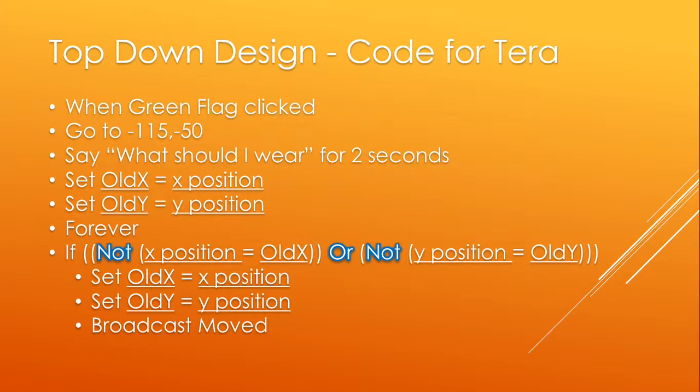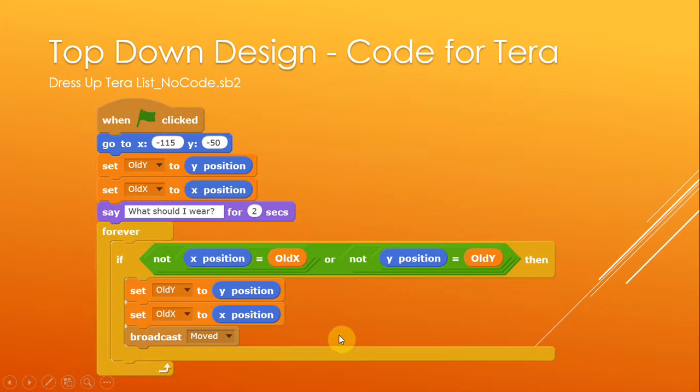And then in a loop, we constantly compare her current X position to the one we've stored, and if not X position equals her stored X position, or not Y position equals her old Y position, where not means not equal to, then set them and broadcast the fact that she's moved.